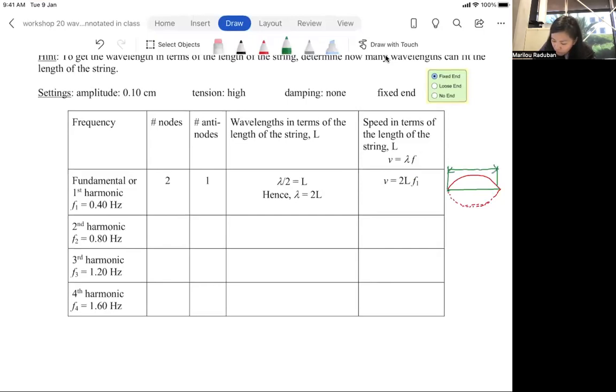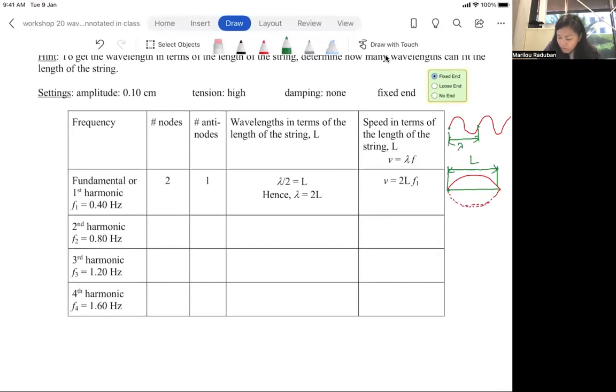The green line is the length of the string, and the length of the string contains just half a wavelength. If you draw your wave, and you take that as the reference point, this will be one wavelength.